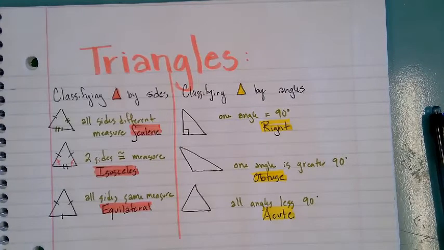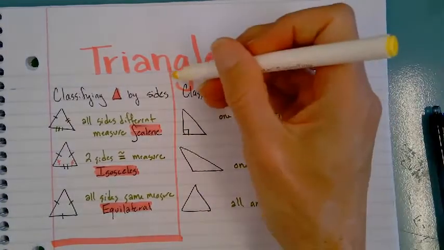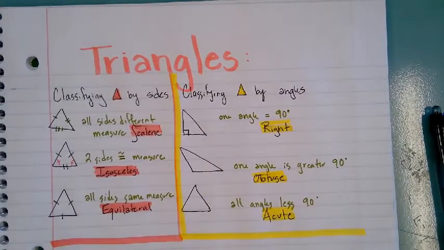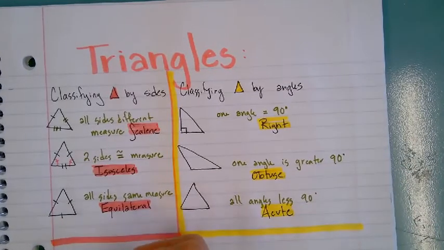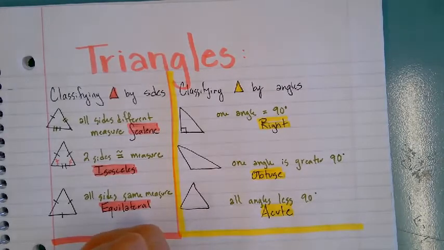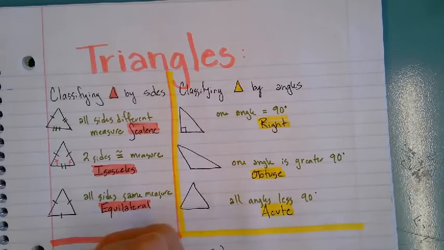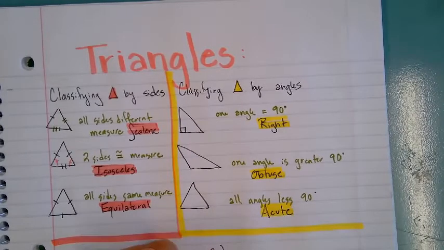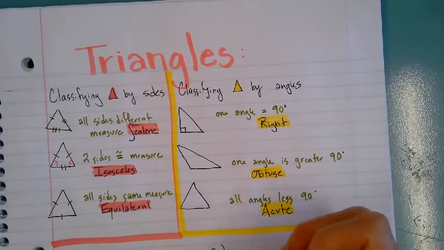So we're going to try classifying some triangles right now. I'd like you to draw these triangles, and then you're going to give them two different names. Okay, so I'll give you 4 different triangles to name. 1, 2, 3, 4. Let's start off with this triangle. So what 2 names would you give it?